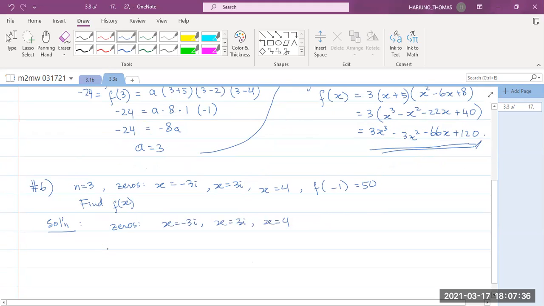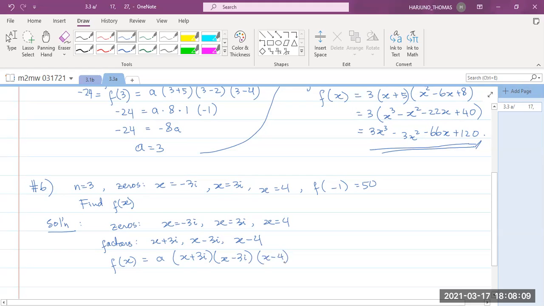Means the factors are, by factor theorem, x plus 3i, x minus 3i, x minus 4. And the polynomial f(x) must be the leading coefficient times (x plus 3i)(x minus 3i)(x minus 4).